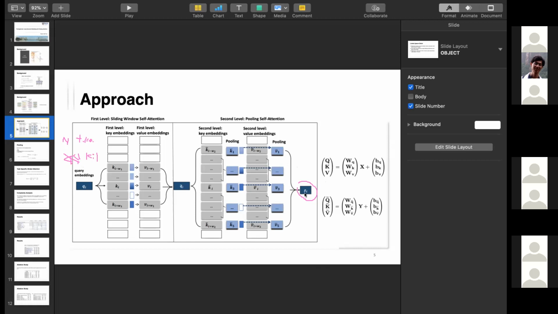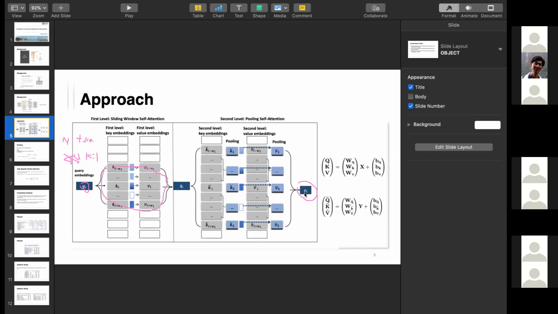Let me think about it. So let me repeat your process. We will have a sliding window, and this sliding window is named Qi, right? And inside this sliding window, we apply self-attention as in the Transformer paper. But for each sliding window, may I ask whether the sliding windows will overlap?